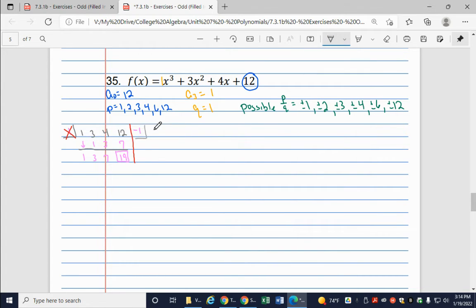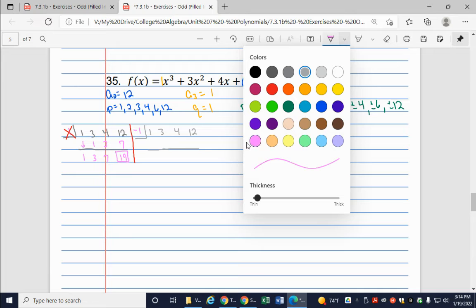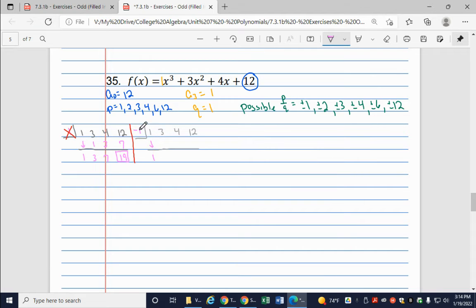We'll start with -1, now that we already found out +1 doesn't work. All right, so I'm going to do 1, 3, 4, and 12. My 1 is going to come straight down. -1 times 1 is -1. 3 minus 1 is 2. -1 times 2 is -2. 4 minus 2 is 2. -1 times 2 is -2.